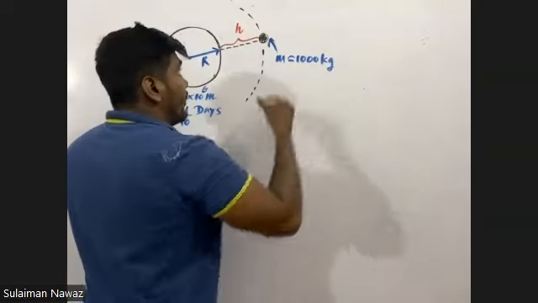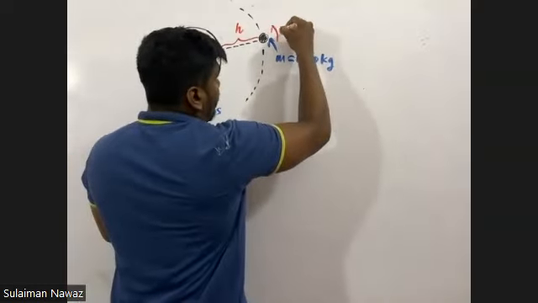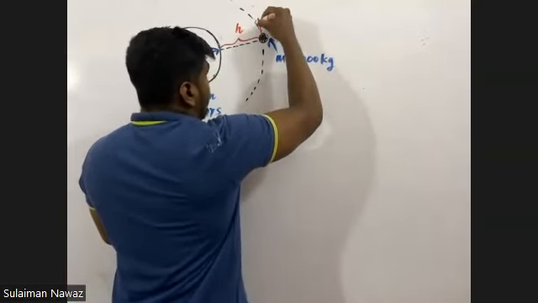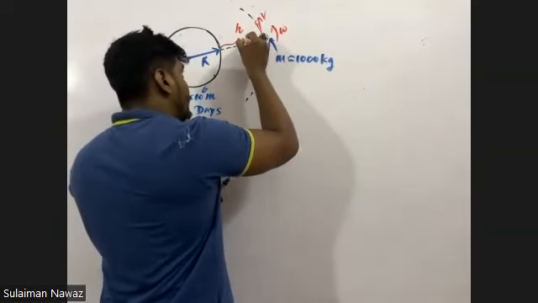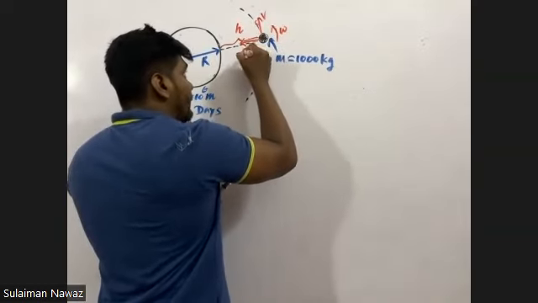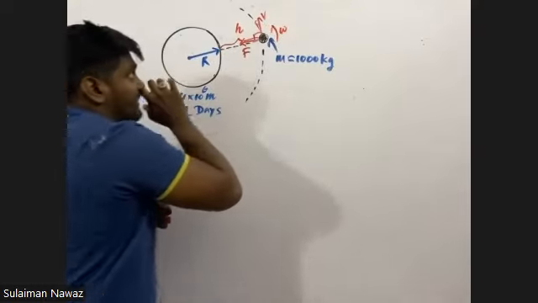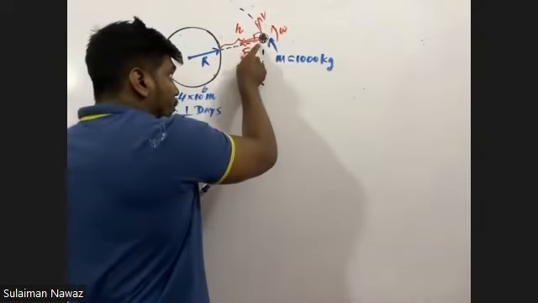I say its angular velocity is omega, tangential velocity is capital V, and gravitational force is capital F. Then consider the circular motion of the satellite.